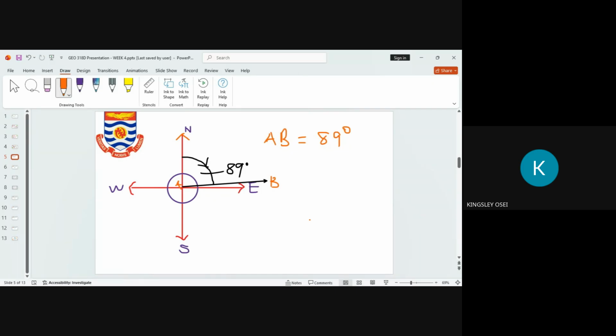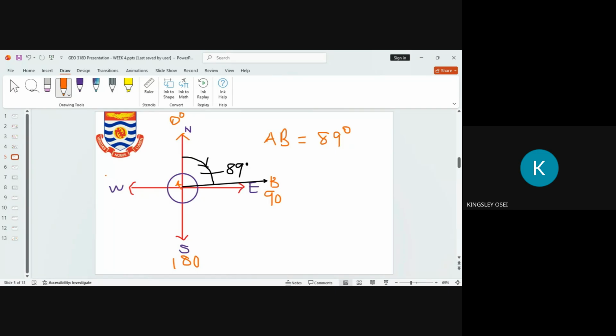Now, when I change the language, if I'm in whole circle, I would have written here 0 degrees or 360. I would have written here 90, here 180, for the sake of the sketch, because the letters are not used.